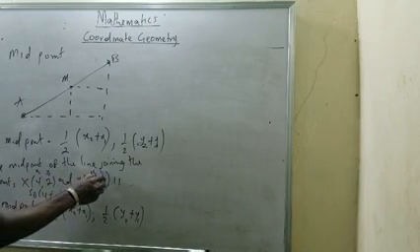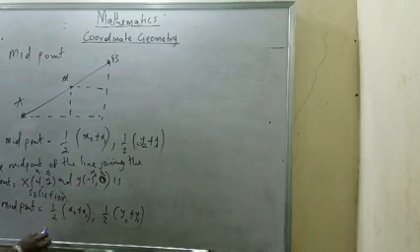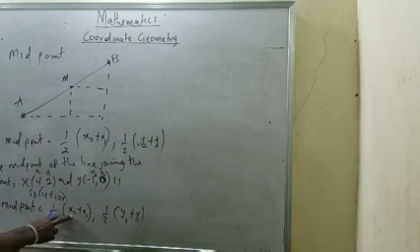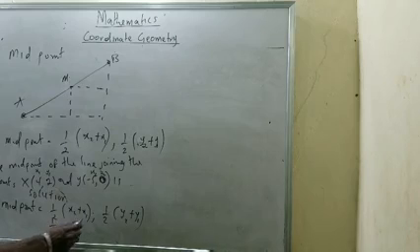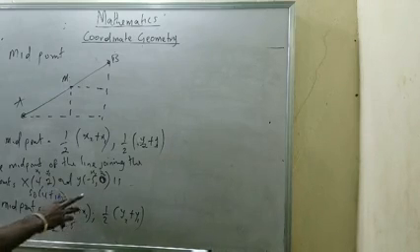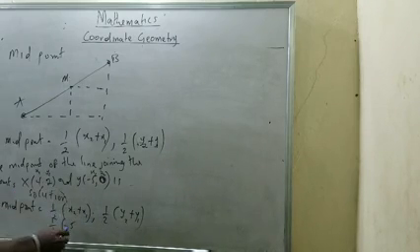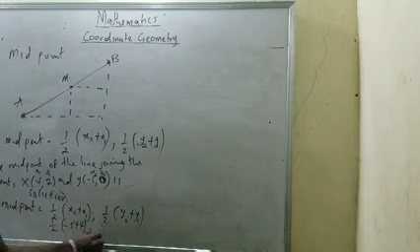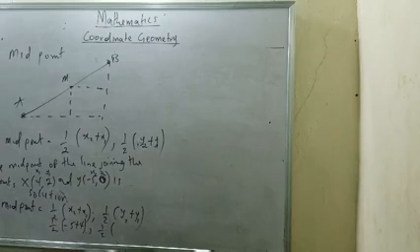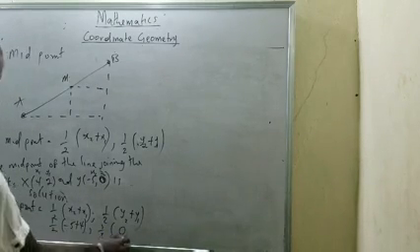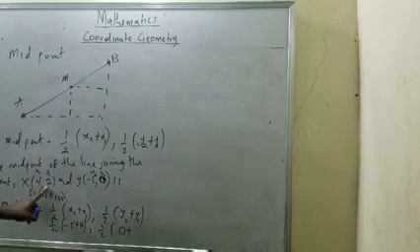It means I can say 1 all over 2, my x2 is minus 5, comma 1 all over 2 bracket of 4 plus 4, and 1 all over 2 bracket of 0 plus 2.